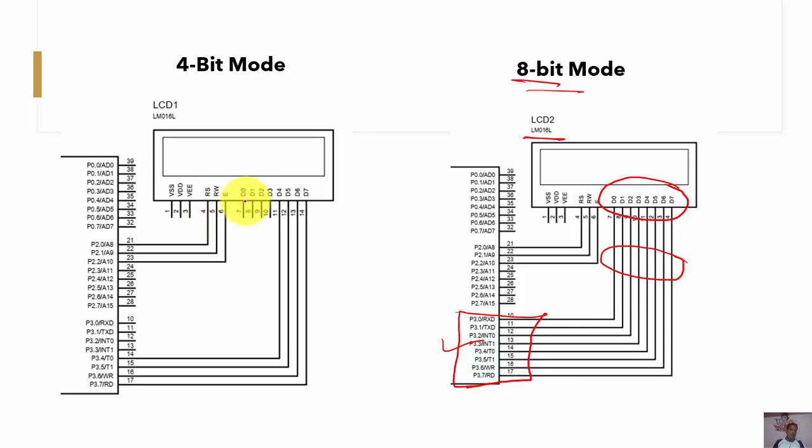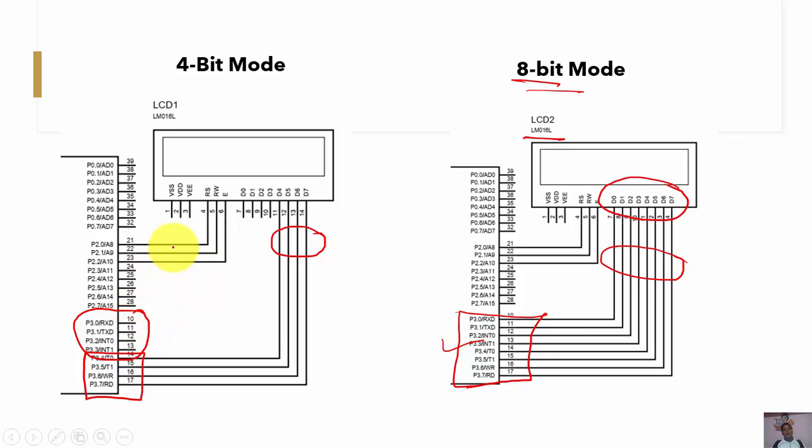However, when we talk about the 4-bit mode, only 4 bits of this LCD are utilized, and hence we are going to make use of P3.4 to P3.7 only, and the remaining 4, that is P3.0 to P3.3, can be used for another application.